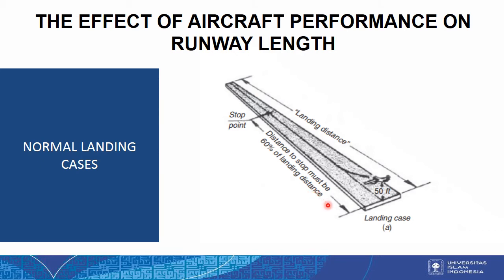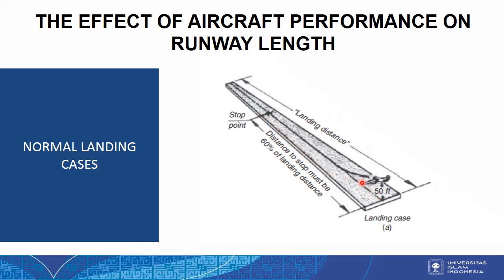We should assume that the pilot makes an approach at the proper speed and crosses the threshold of the runway at a height of 50 feet. Here, from here to here the height is 50 feet, and the landing distance must be on full strength pavement.